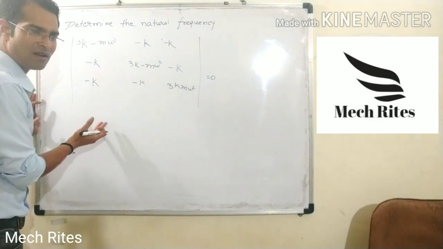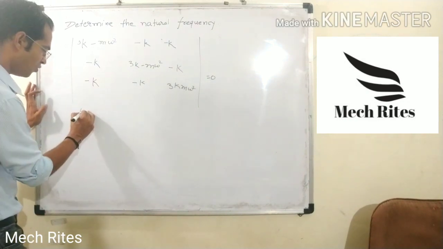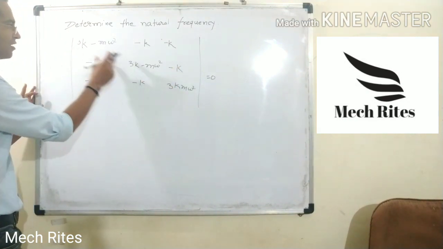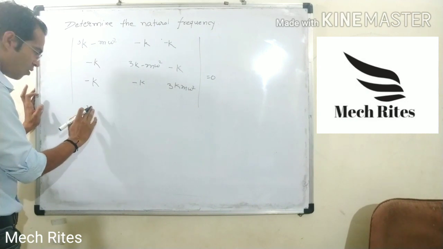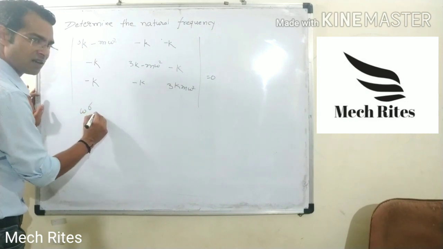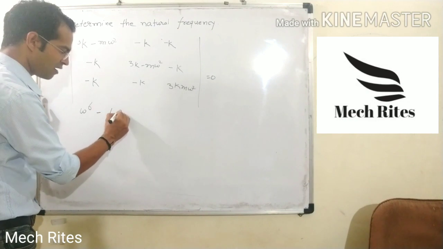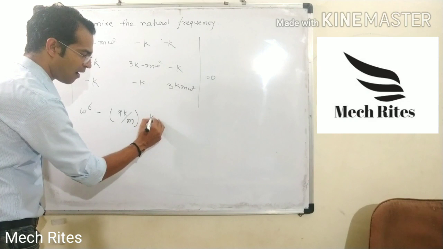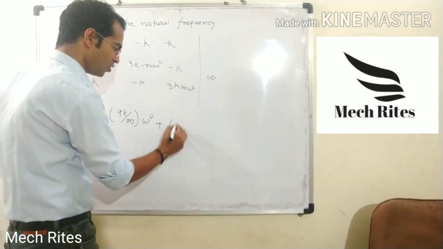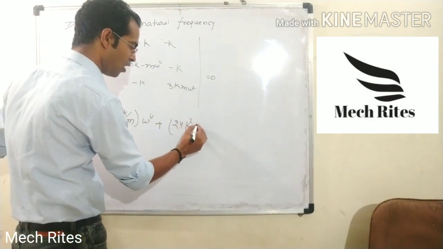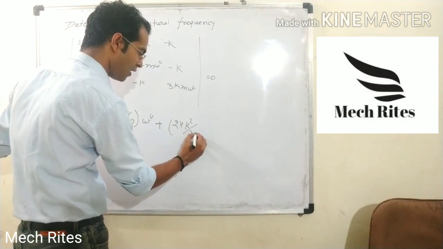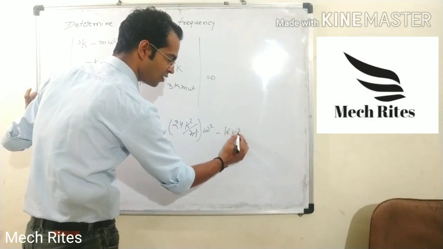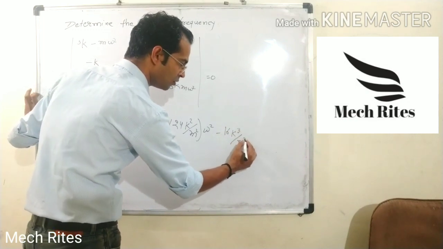So in determinant form, if I multiply this, this and this, the value will be omega to the power 6 minus 9k by m omega to the power 4 plus 24 k square by m square omega square minus 16 k cube divided by m cube equal to 0.